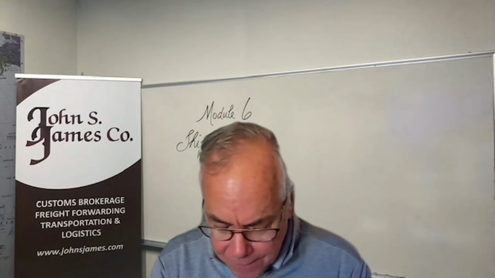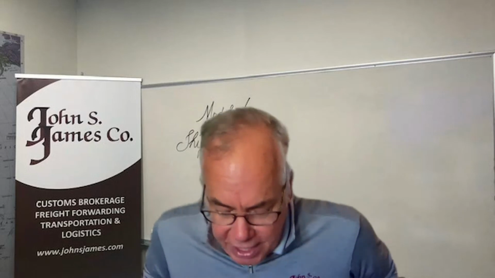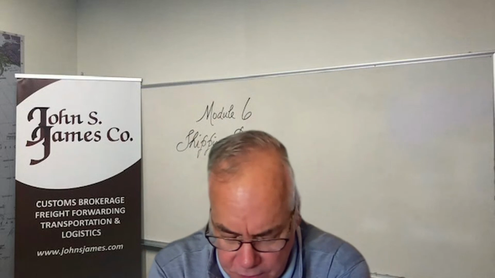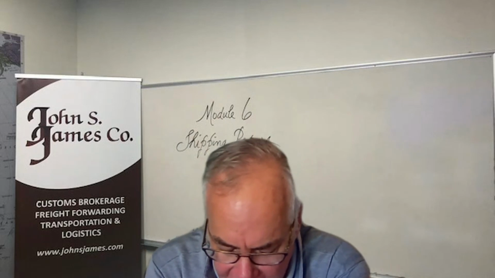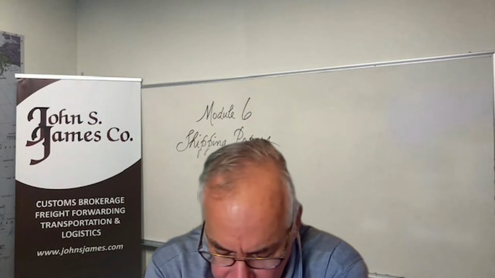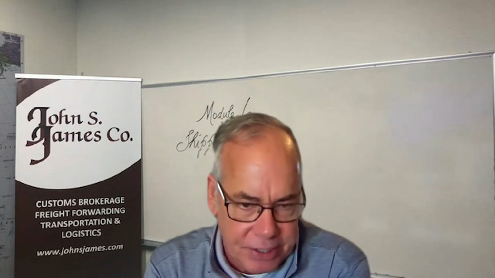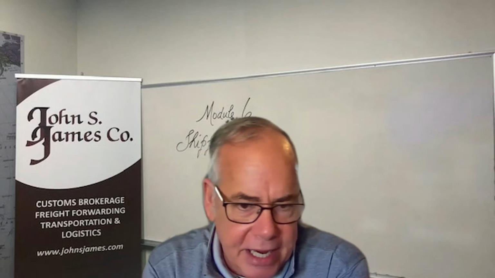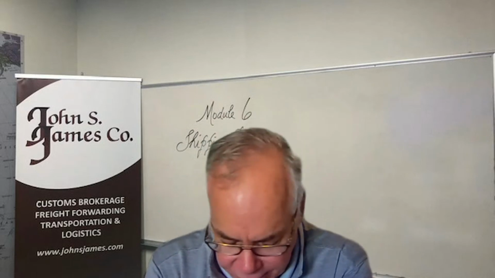The other thing about the words, you can use the words contains or containing just like you could with the proper shipping name. You can say in parentheses contains benzene. That's okay. It can contain the percentage.